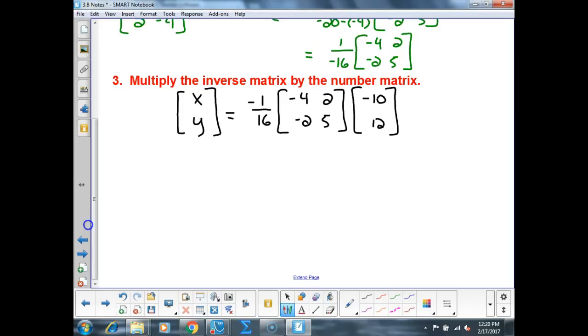You need it, but you don't have to do it yet. You don't have to multiply it in yet because you're going to get goofy fractions. And nobody likes goofy fractions.